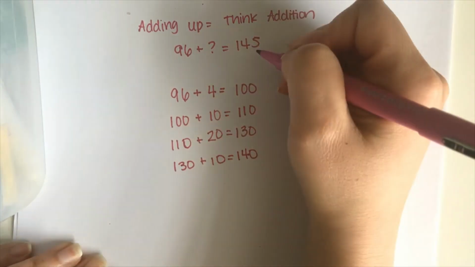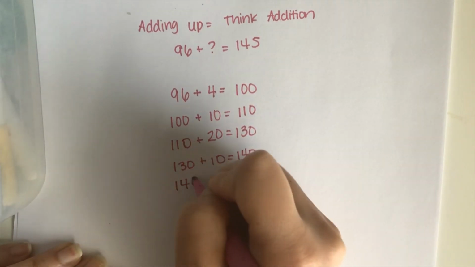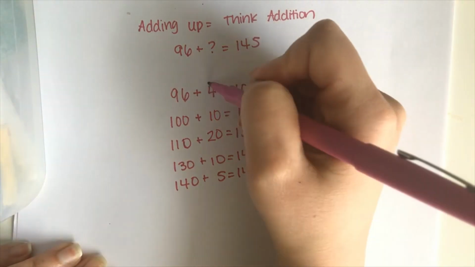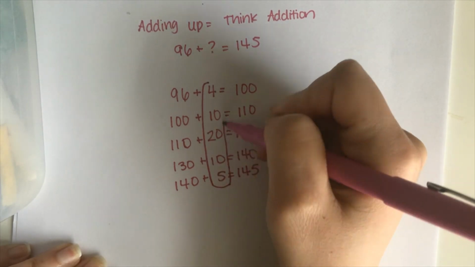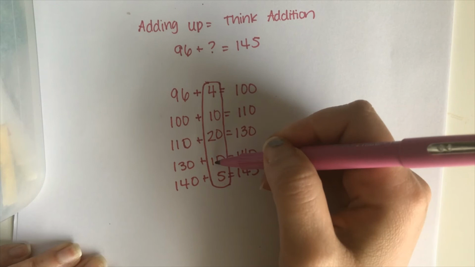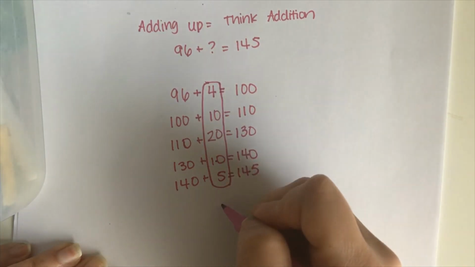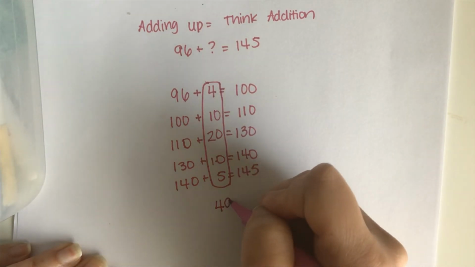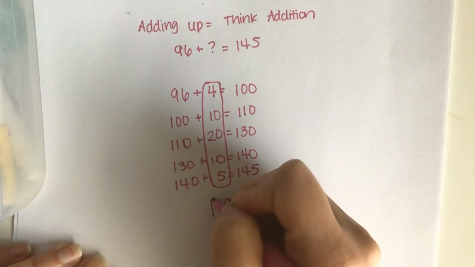Now from 140, all we need to do is add 5 more to get 145. Then you need to add up all the middle numbers. So I have 10, 20. So 10 plus 10 is 20. 20 plus 20 is 40. And then 5 and 4 is a 9. So you have 49.